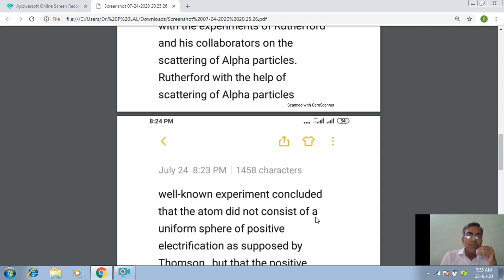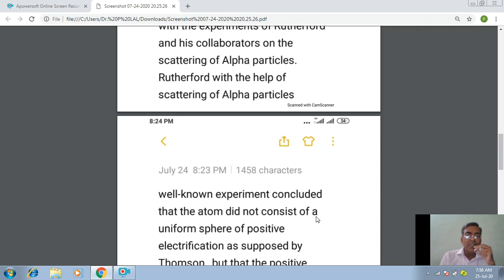Rutherford observed that most of the particles were scattered in various directions, but a very few particles, mostly one or two, were returned back. This was a very interesting phenomenon for Rutherford.